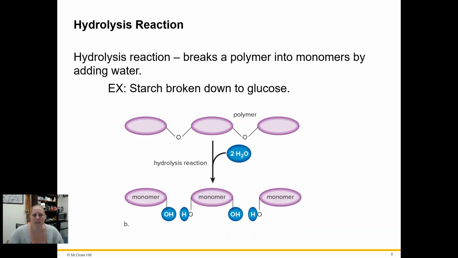So for instance, this could be eating a chicken breast and breaking it into amino acids, or having starch broken down into glucose. When we see these processes, our body can then rearrange these monomers. We're not really removing the water, we're just rearranging it. And this is how we see those chemical reactions, those equations form, and we can go back and forth.